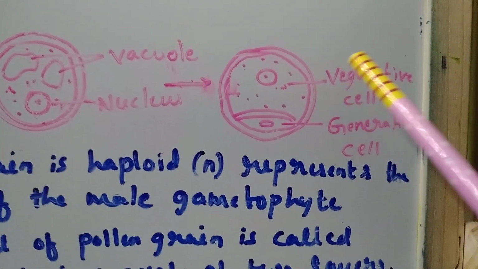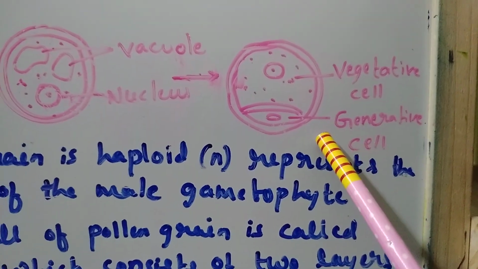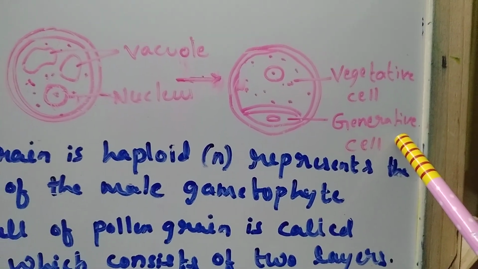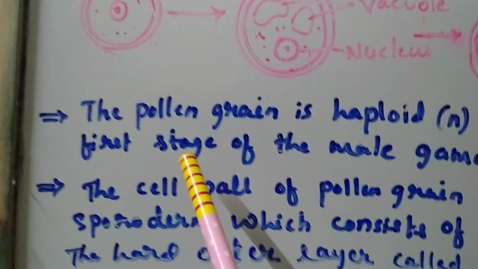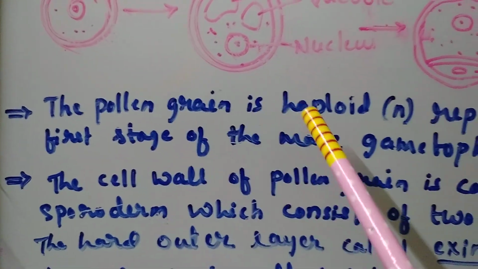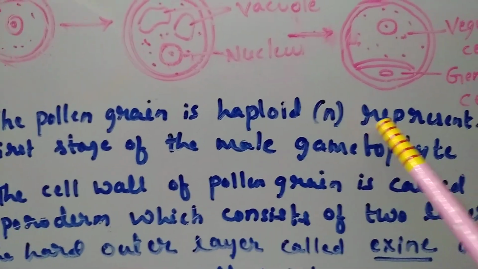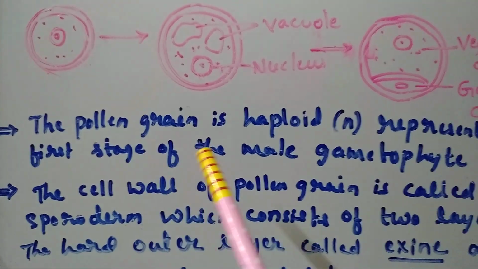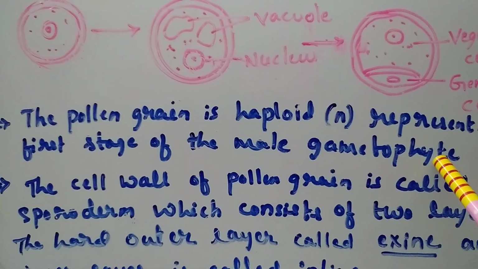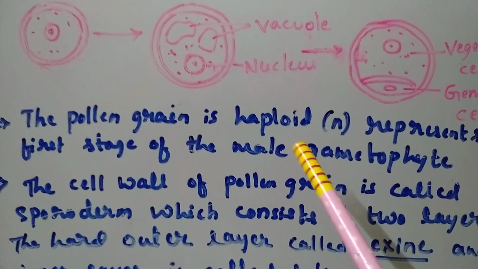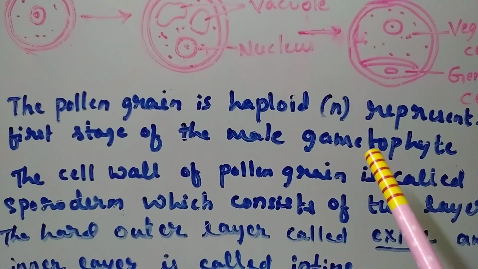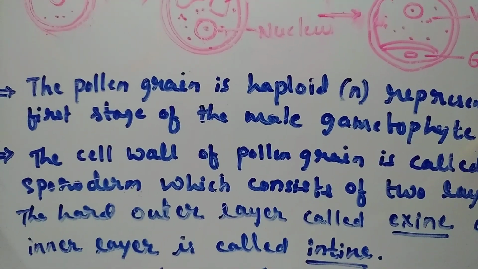Larger cell is known as vegetative cell. Smaller cell is known as generative cell. And what is this pollen grain? The pollen grain is haploid, which represents the first stage of the male gametophyte.